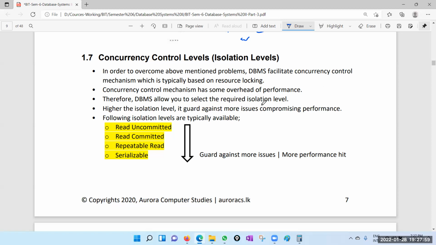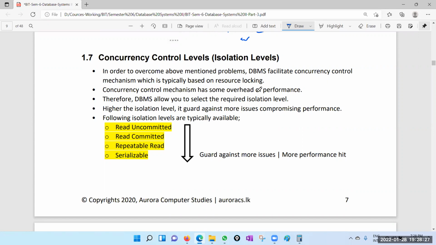So therefore, it's a trade-off situation. So you can set up in your database which level you are going to operate. Are you going for very good consistency, of course, compromising the performance, or you are more interested in performance, where here and there can be some inconsistencies?